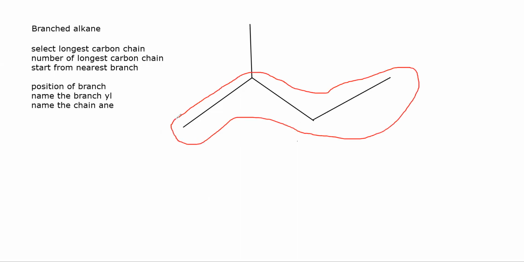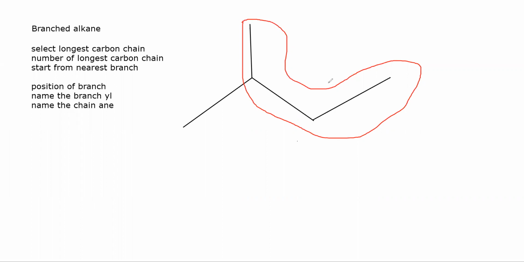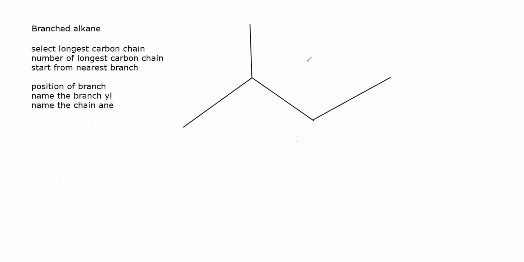This is one chain, or 1, 2, 3, this is another chain, because from one end to another, that's called one chain. But that's not the longest. Or 1, 2, 3, 4, so this is also the longest chain from one end to another. So first thing, I can select any.